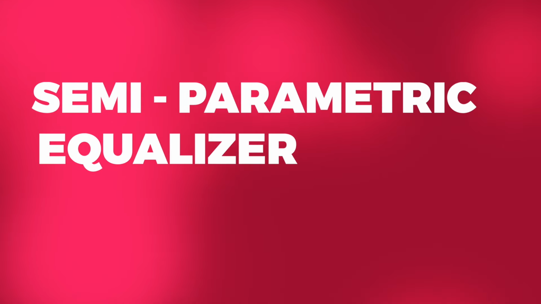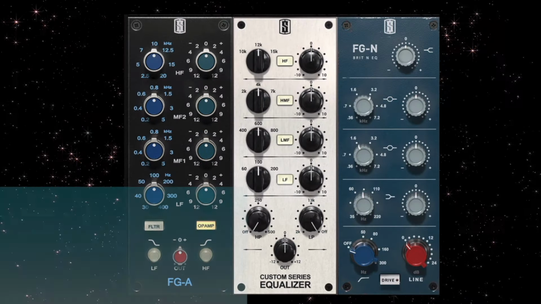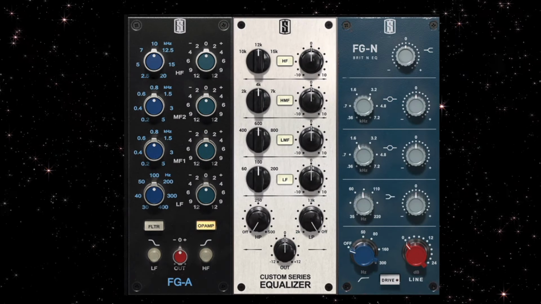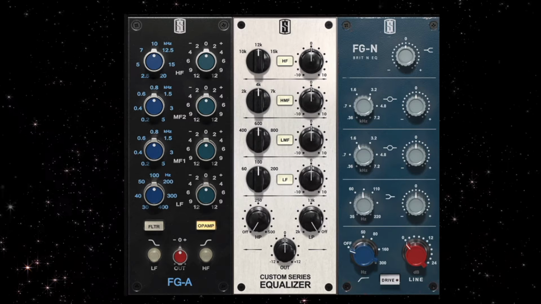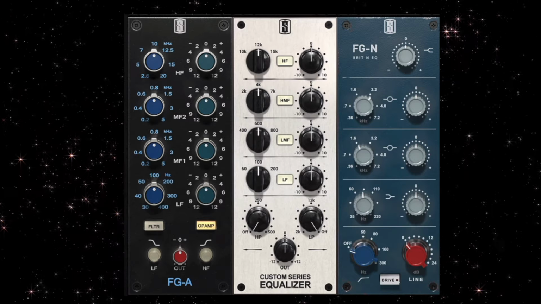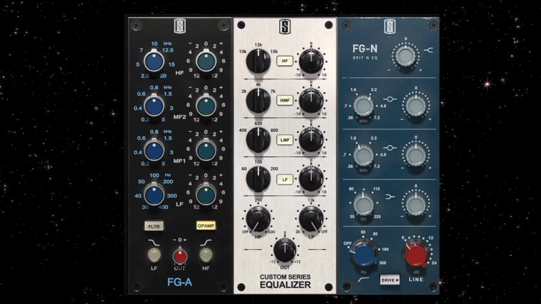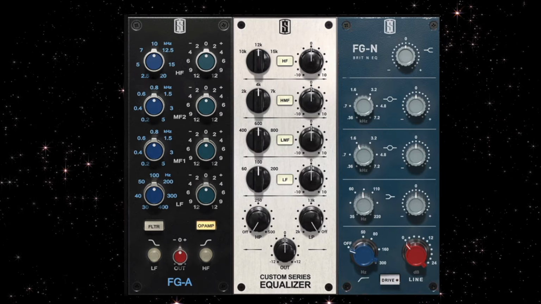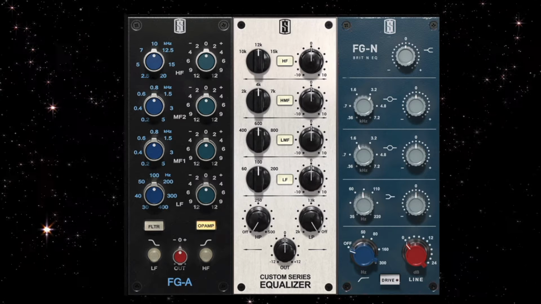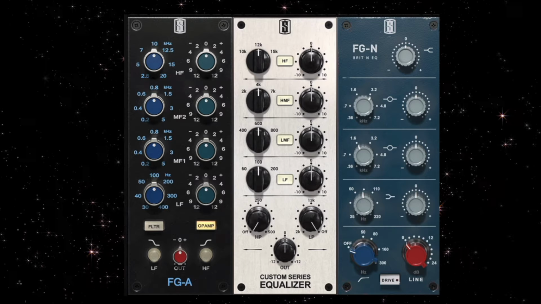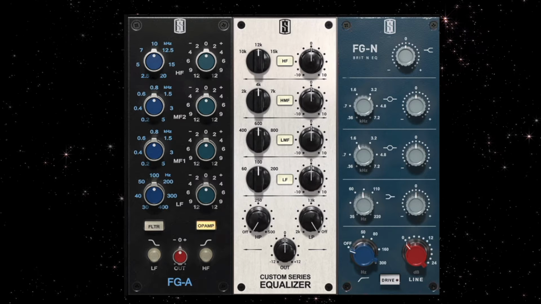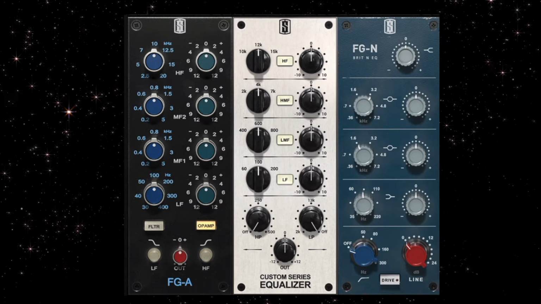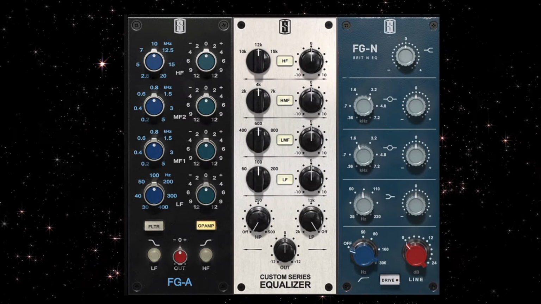Semi-parametric EQ. Semi-parametric EQs are essentially parametric EQs with fewer options. Most often, this missing functionality means no Q control. However, other parameters may also be lacking, and some semi-parametric EQs will have Q controls. Parametric EQs ideally have continuous control within defined ranges over all the important parameters of equalization.